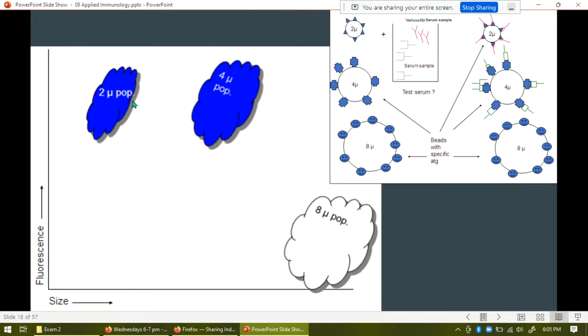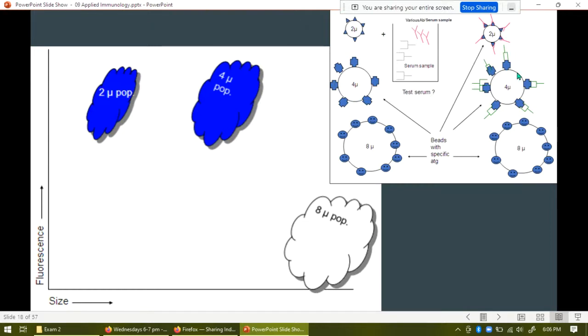So your 2 micrometer population fluoresced, which means there were antibodies to the triangle, right? The spikes. And since it's really far on the x-axis, toward the left, that means it's your smallest bead size, 2 micrometers. We also had a 4 micrometer population, and that would correspond to this one here.